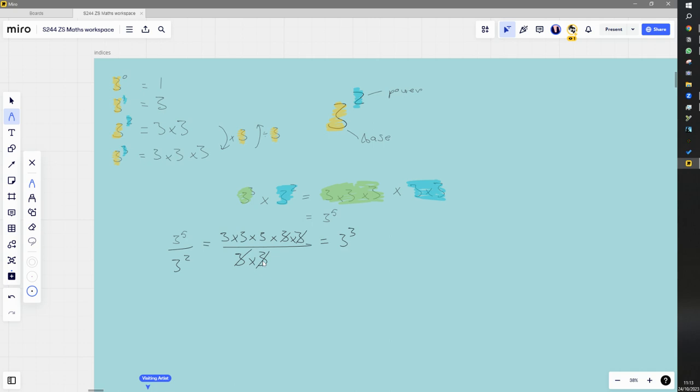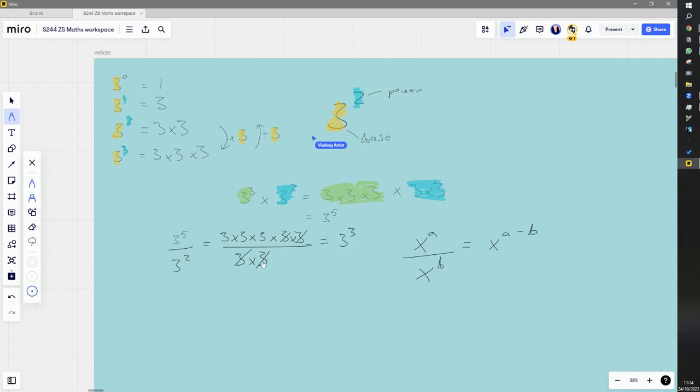In other words, when I take any number to the power of another number, and I divide it by the same base to the power of a different number, I always get x to the power of a minus b. And here we did 5 minus 2, which gives me 3.